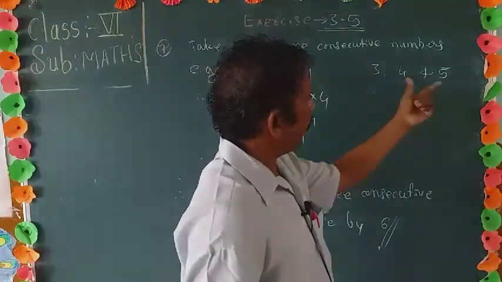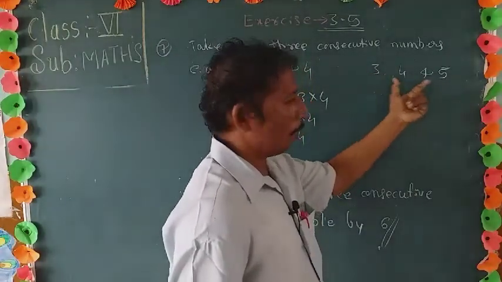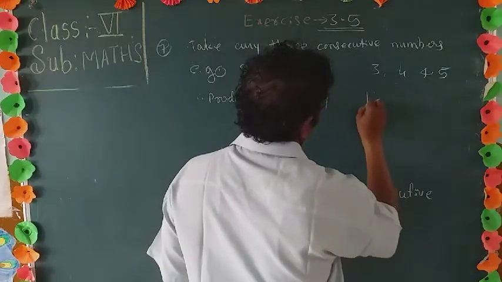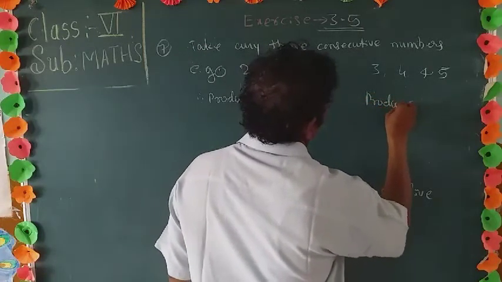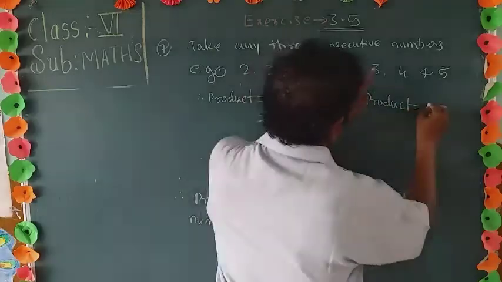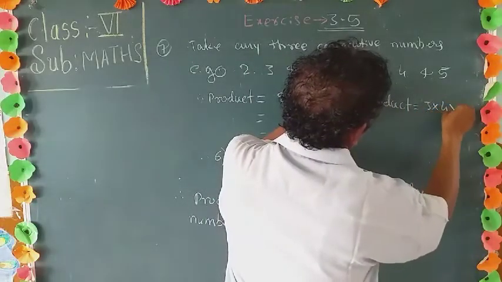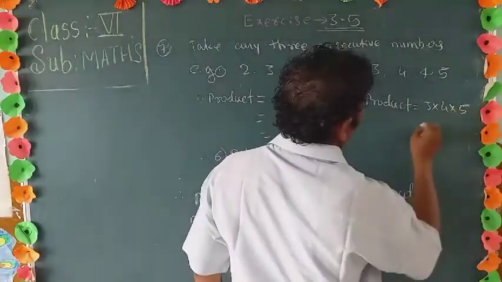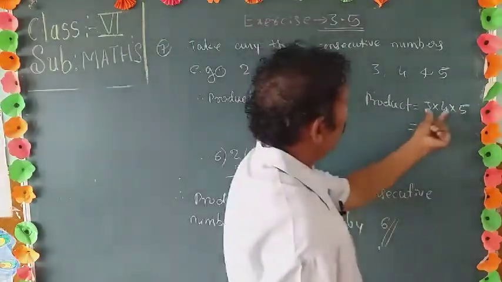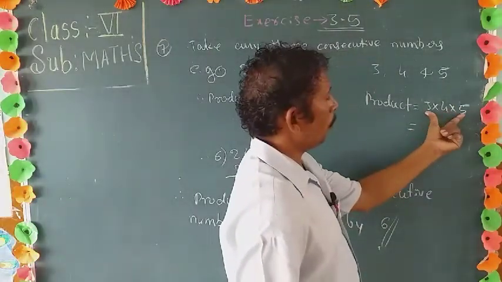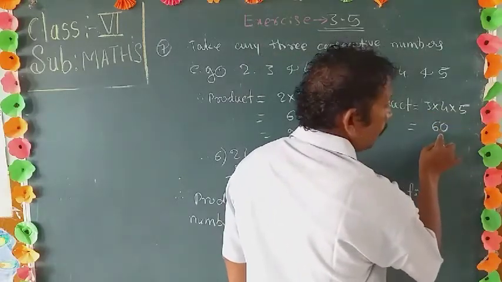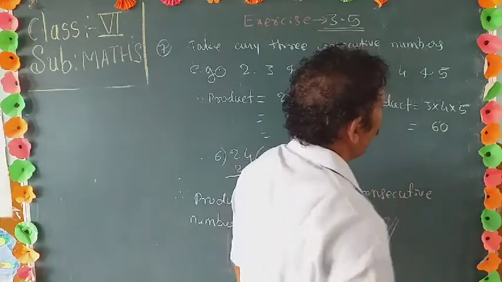Then their product is equal to 3 into 4 into 5. That is 3 into 4 is 12, 12 into 5 is 60. Now this 60 is divisible by 6.